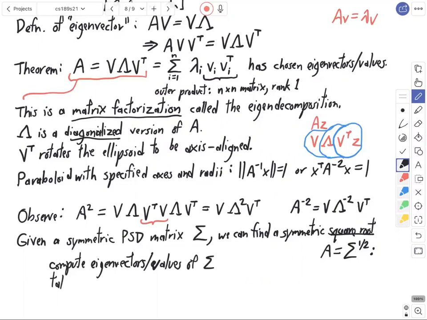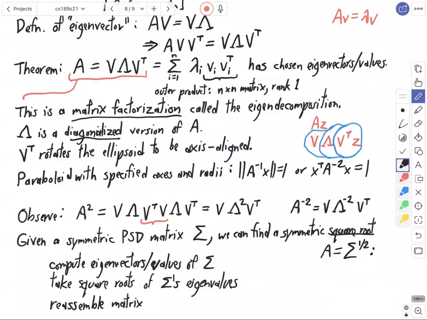You take the square roots of sigma's eigenvalues, and then you reassemble the matrix, let's call it A, that has the same eigenvectors, but now we've replaced the eigenvalues with the square roots of the eigenvalues. And that gives us a square root of sigma in this case.